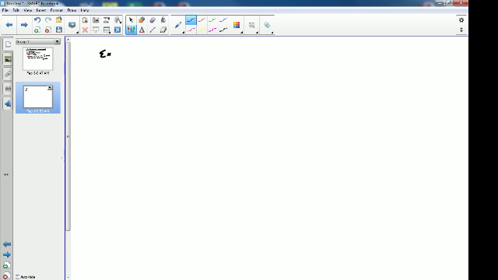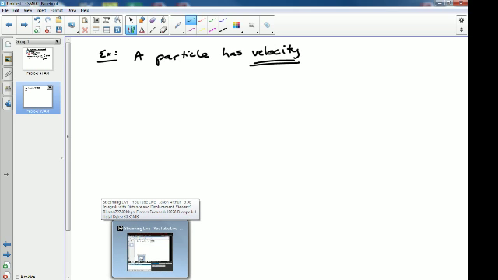Let's look at a little more specific example. A particle has velocity. What do you notice? The rate, right? The rate function here.